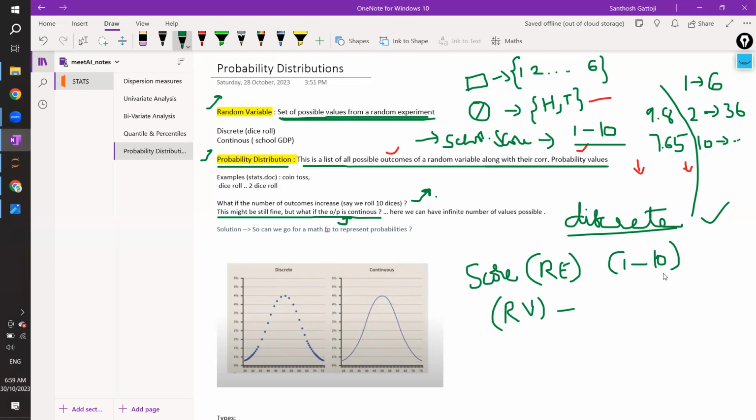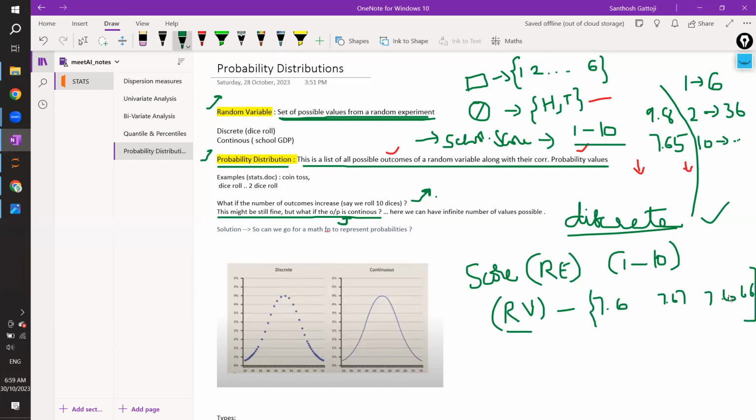From 1 to 10, what are the possible outcomes? They are infinite. Agree? You can get 7.6. Your friend might get 7.67. Another friend might get 7.666, etc. So like that, from 1 to 10, there are infinite values. So the random variable is infinite.